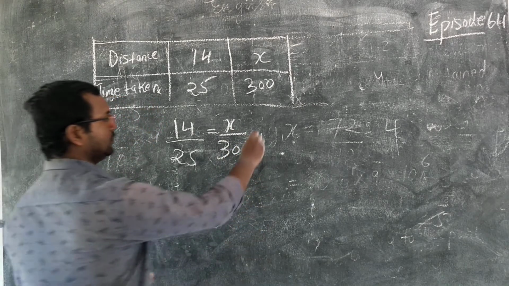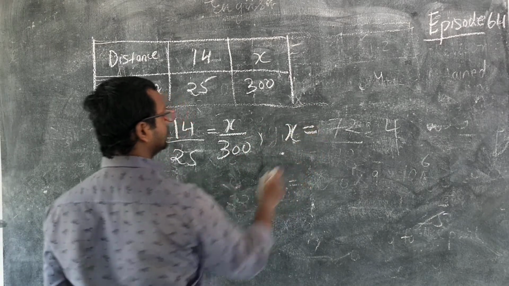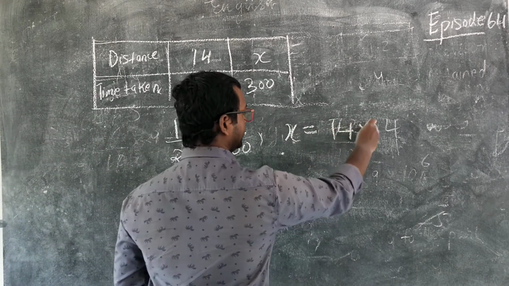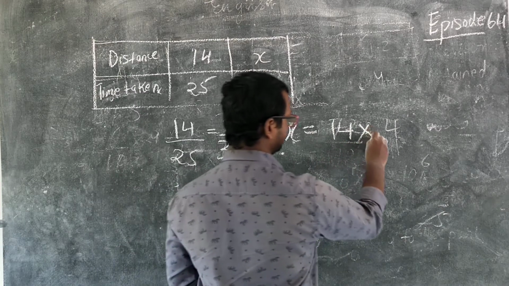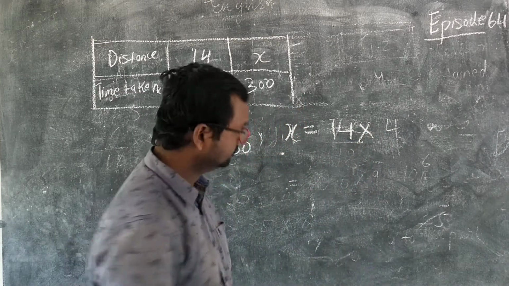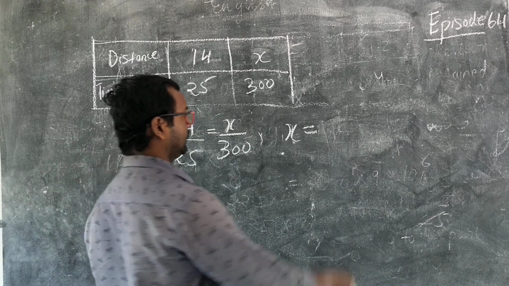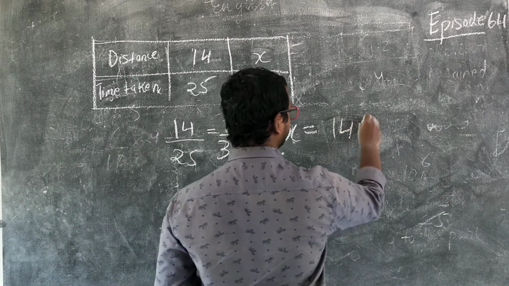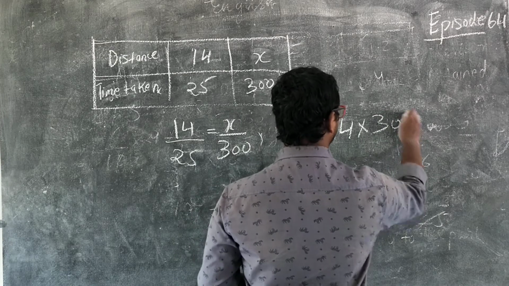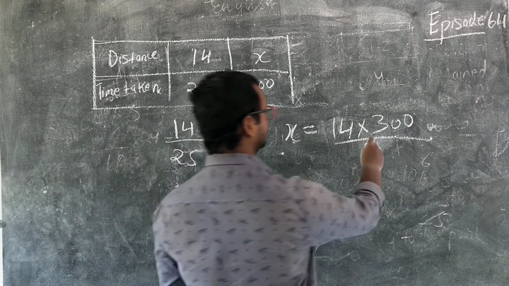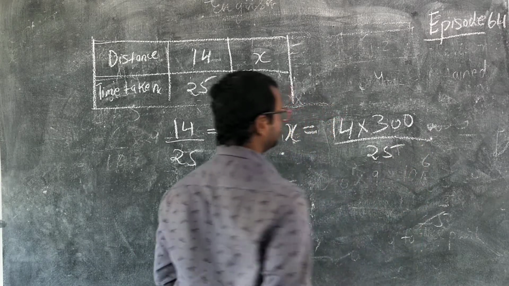We want to find the value of x, so x is equal to, this has to move from here to here, 14 into 300 divided by 25.